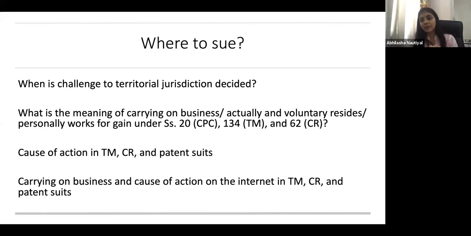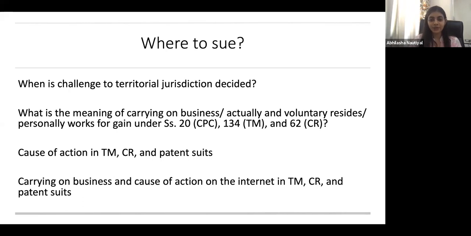Now, why is this question of jurisdiction often litigated and debated in IP disputes? Like any other lawsuit, Section 20 of the Code of Civil Procedure governs filing of the lawsuit. However, in trademark and copyright cases, not patents or designs, there is an additional forum envisaged and granted by the IP statute.